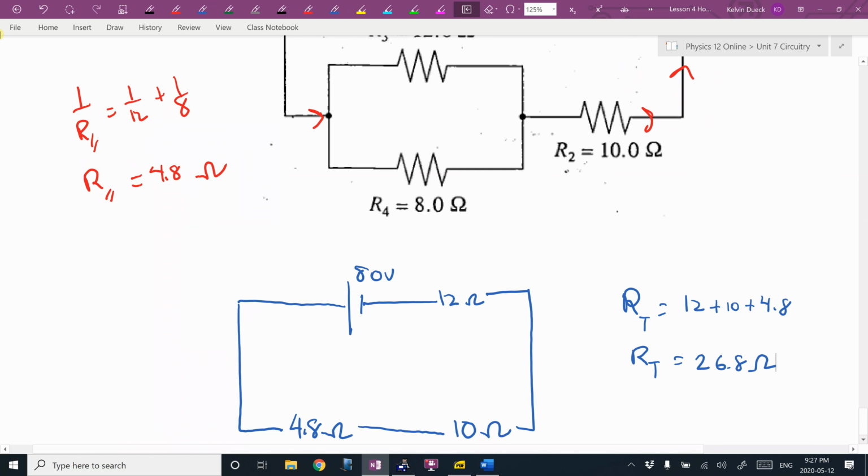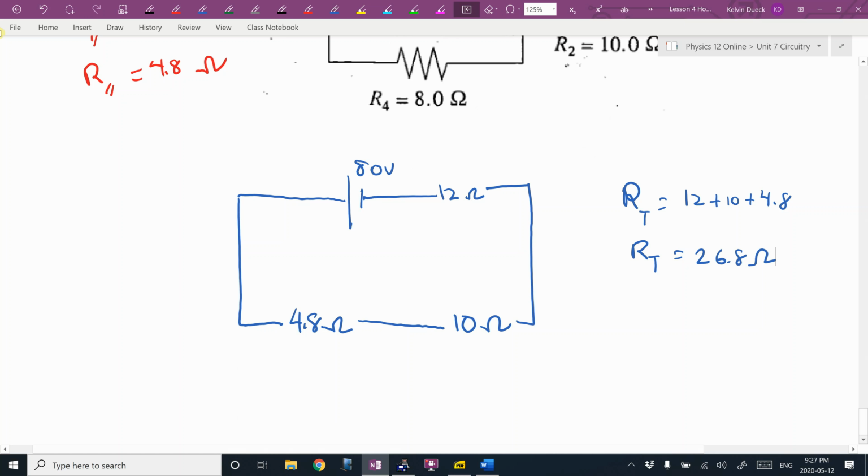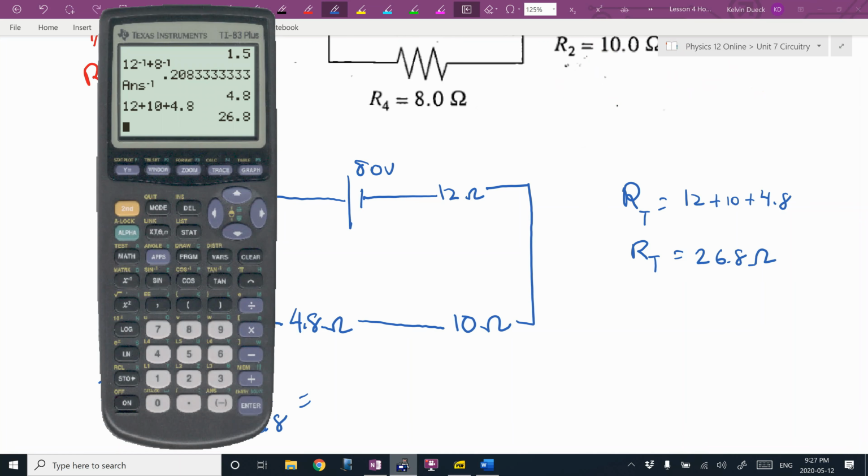And that means that I total is going to be V total over R total. It's going to be 80 divided by 26.8, which is probably not going to work out nice, but I'll just store it on my calculator. 80 divided by 26.8, and I get 2.985.